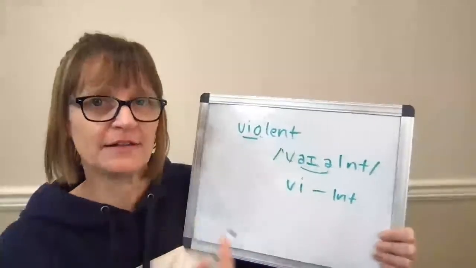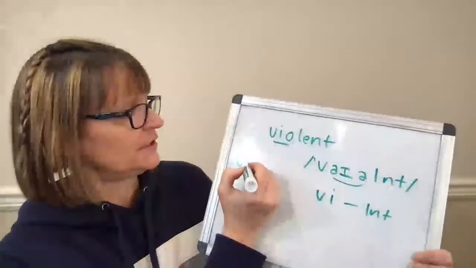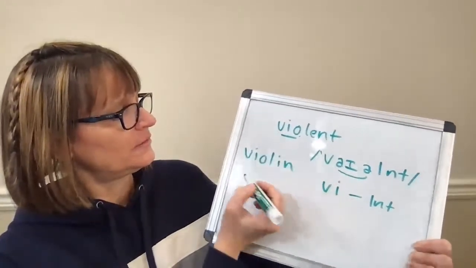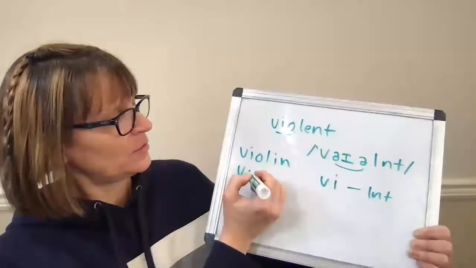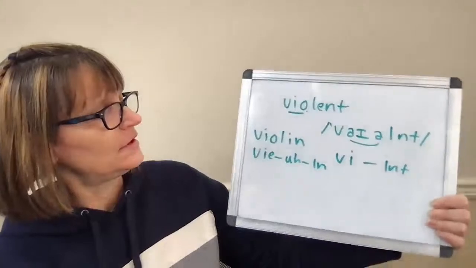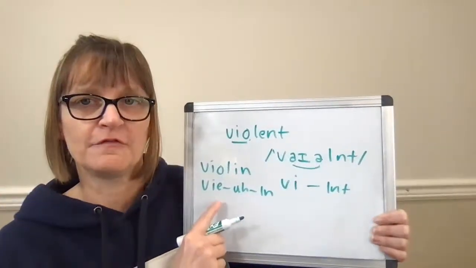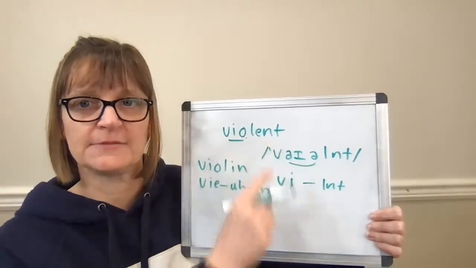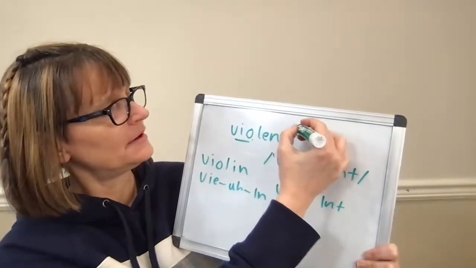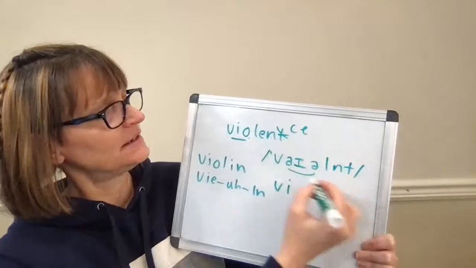When we get to violin, it doesn't do that. We don't have violin. So in that one, think about it more like violin. So the violin player was violent. And then violence is same NCE instead of T. It's the same thing.